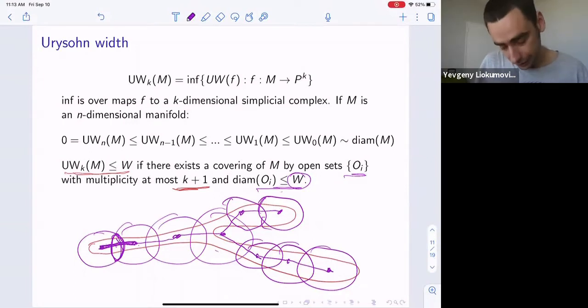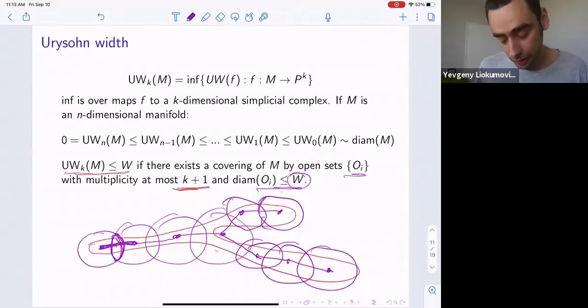And so one can use this definition to define a dimension, what's known as the covering dimension of the space, in a way that's kind of similar to nice sets like the cube.